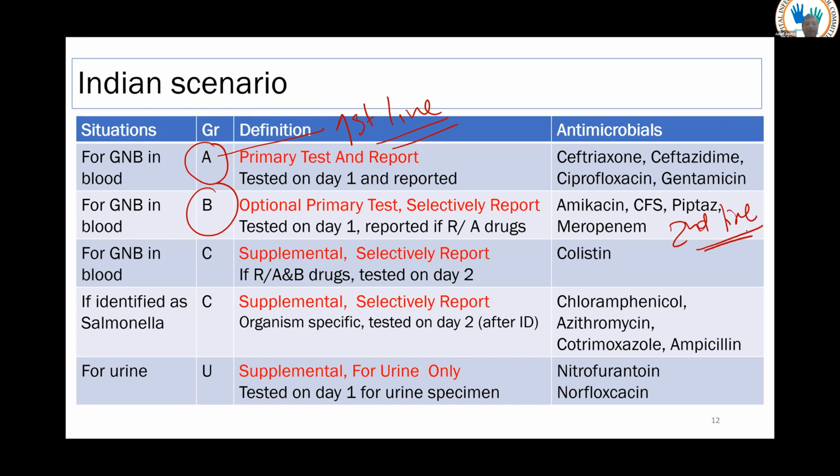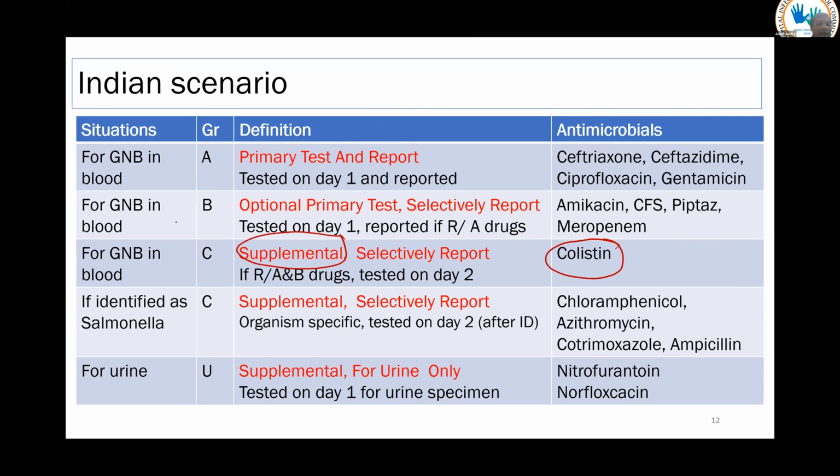Second line antibiotics can be reported if the A group are found to be resistant, and C can be colistin or any other higher end gram negative antibiotic which can be reserved, which can act as a supplemental test if A and B are found to be resistant.